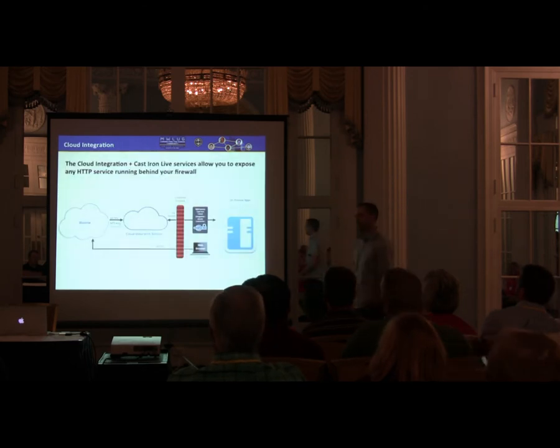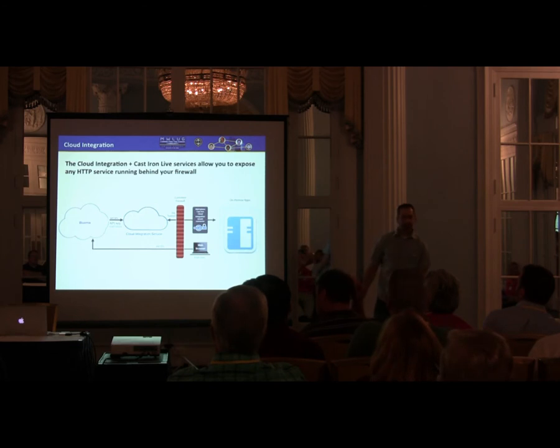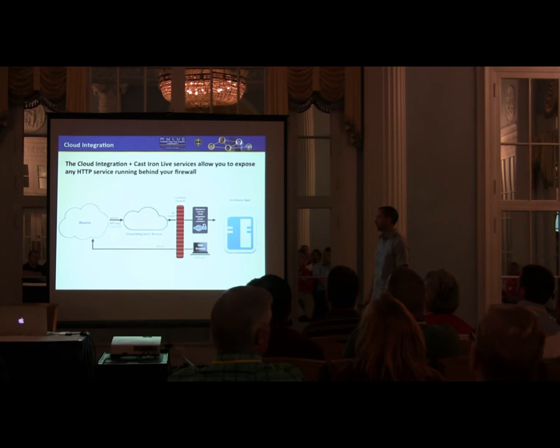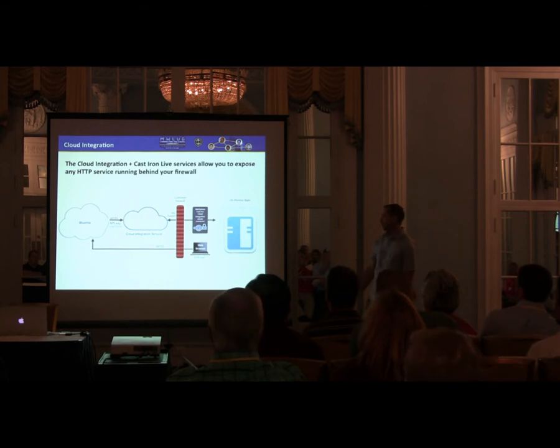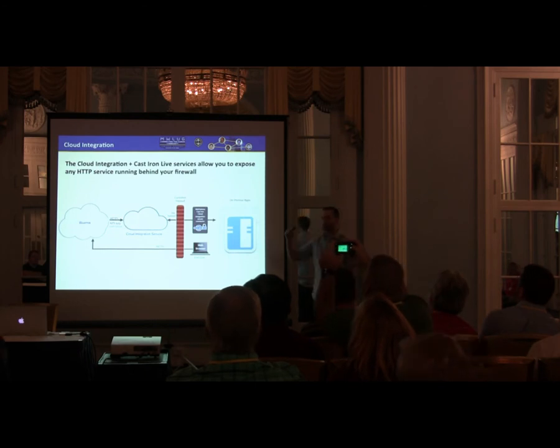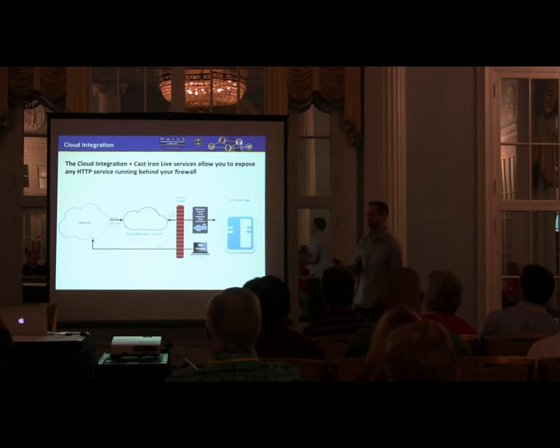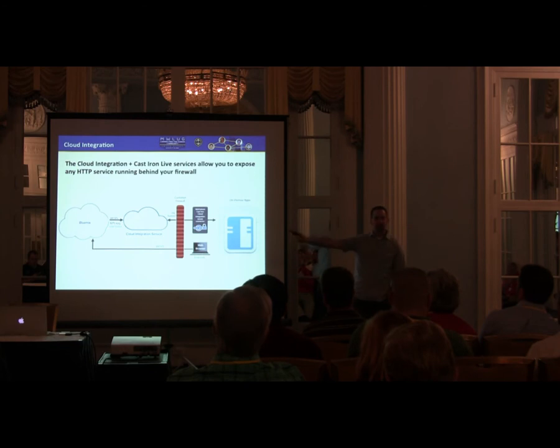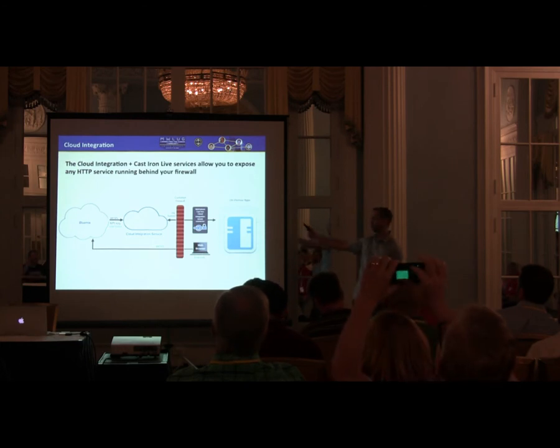There's a service that's part of Bluemix called Cloud Integration that makes this all possible. Essentially, the short story is that you have your Domino server sitting behind the firewall on a private network, and you install something called a secure connector on the machine that's running the Domino server. That secure connector creates a tunnel out to a service running in the cloud called Cast Iron Live, or the Cloud Integration Service.